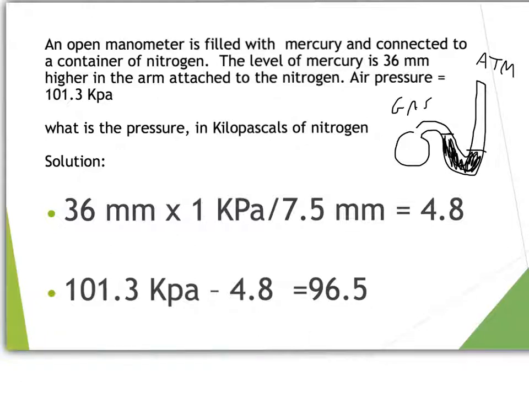Now that makes a difference because when we have a higher level here in our gas arm, we're going to subtract. So we take our 101.3 kilopascals and we subtract our 4.8 kilopascals. That gives us an answer of 96.5 kilopascals.